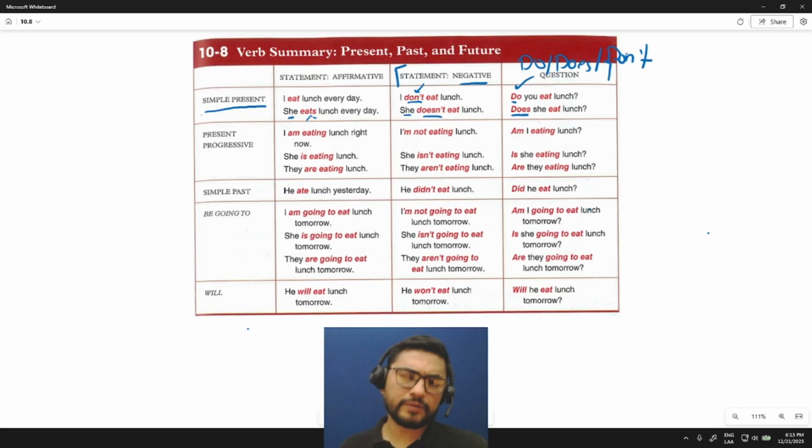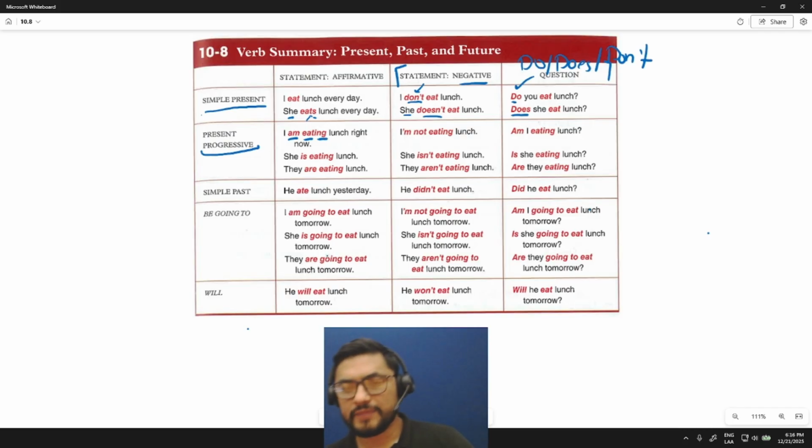Okay, in level 2, we spoke about the present progressive. I told you guys it was also known as the present continuous. For the present continuous, we were going to use the verb to be, the base verb plus ing. So I am eating lunch right now. She is eating lunch. They are eating lunch.